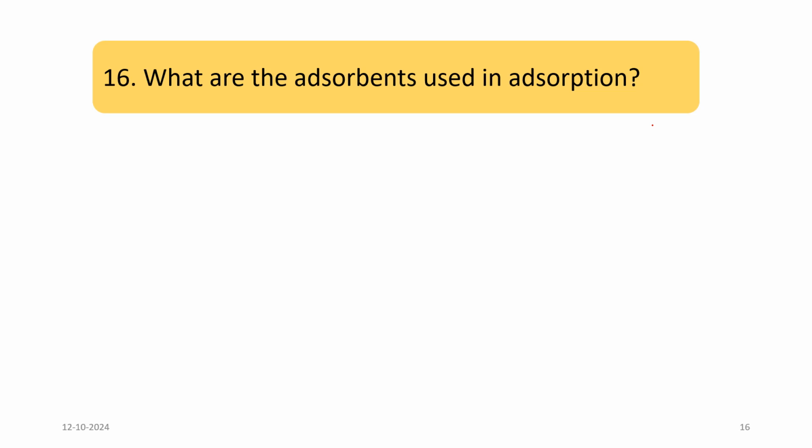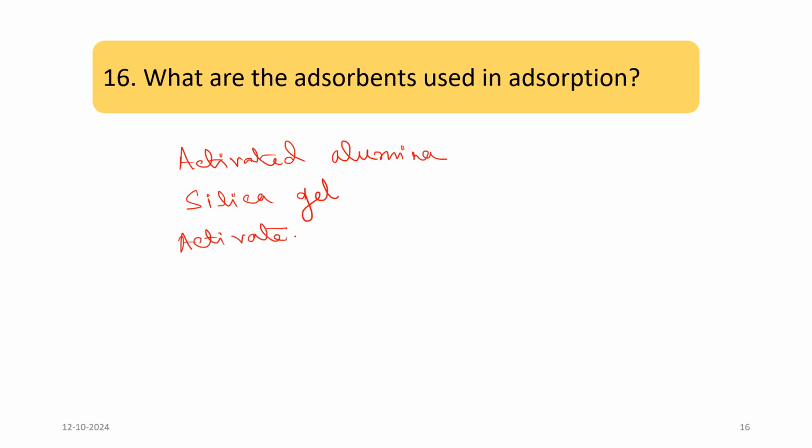So different types of materials are used as adsorbents, like activated alumina, then silica gel, activated carbon, molecular sieve carbon, molecular sieve zeolite and clay.